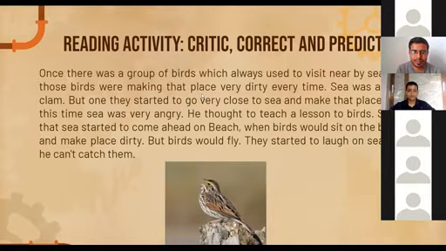Something related to environment and cleanliness and things like abuse of the environment and nature. Wow, interesting. Yeah. So you are talking about environment, and do you want to predict further, Revati, what will happen next?